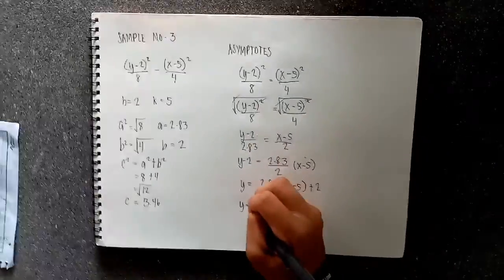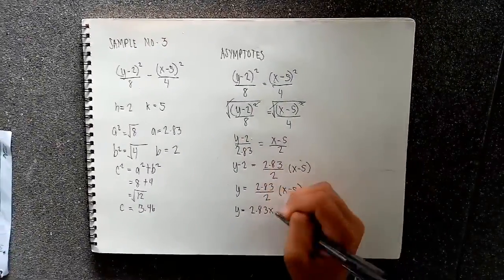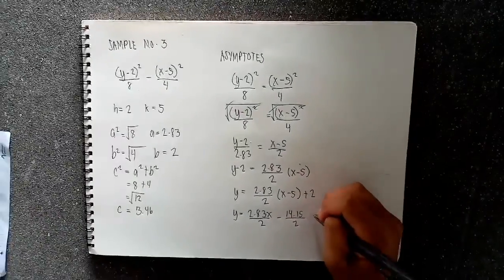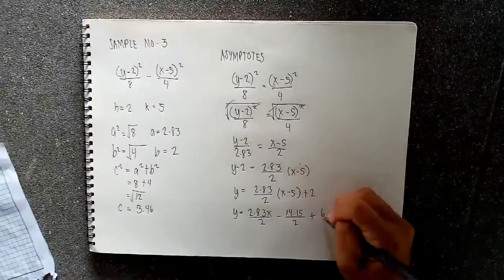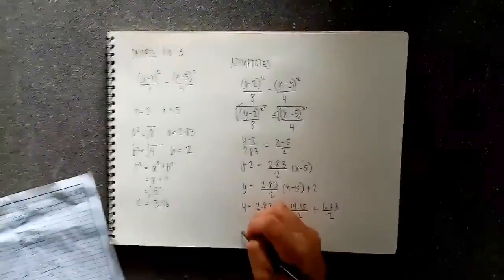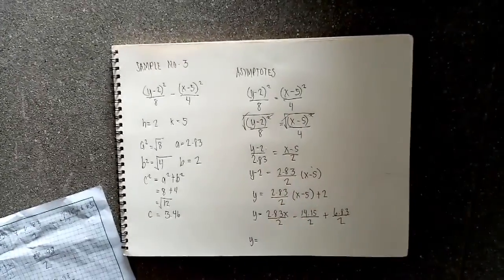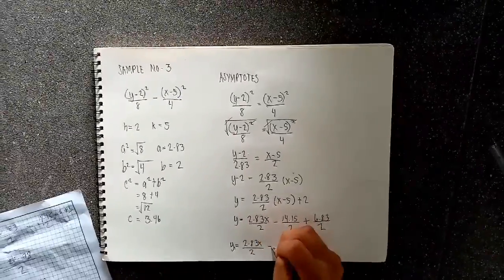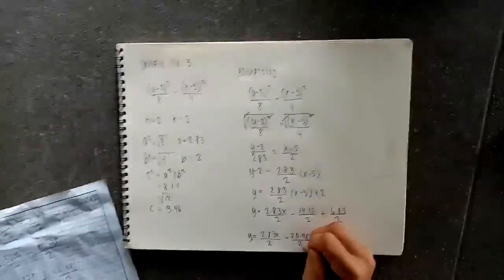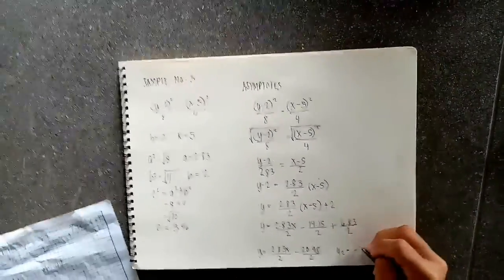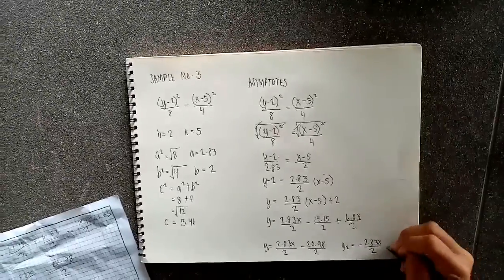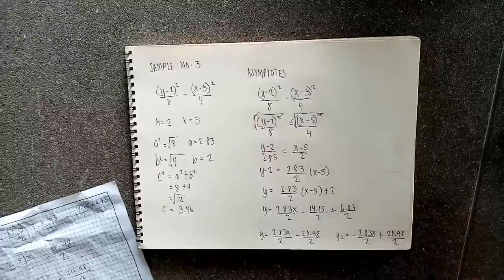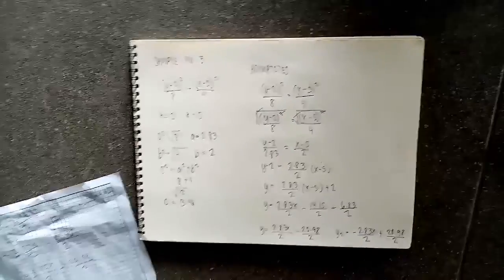Then y equals 2.83x over 2 minus 14.15 over 2 plus 4 over 2. Therefore our y will be 2.83x over 2 minus 20.98 over 2. Then our other y will be negative 2.83x over 2 plus 20.98 over 2. So that's how we find the asymptotes.